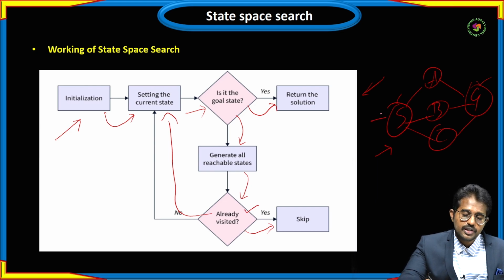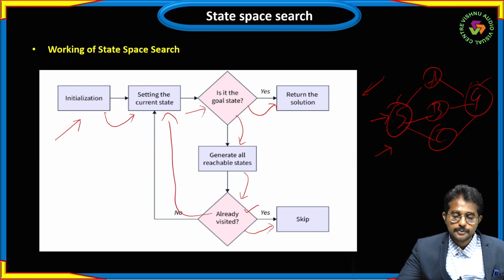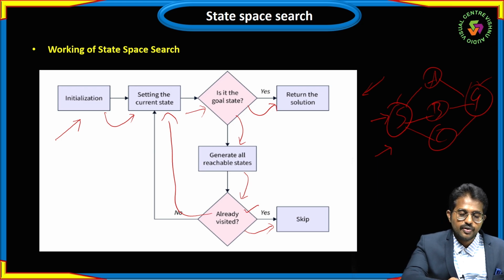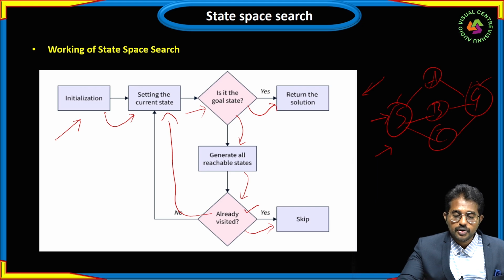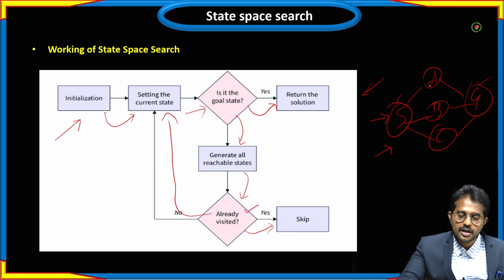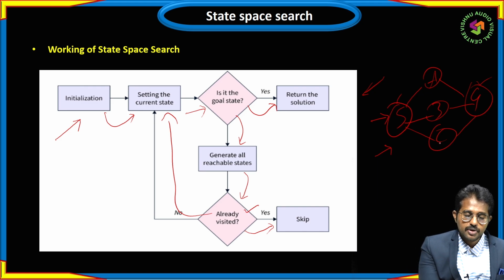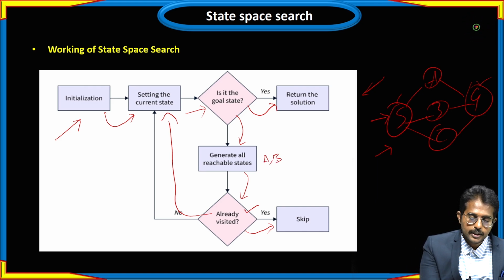Initially we start from the starting state S and first check whether it is a goal state. S is not a goal state. So what are the reachable states from S? They are A, B and C. For A, we check whether it is visited.